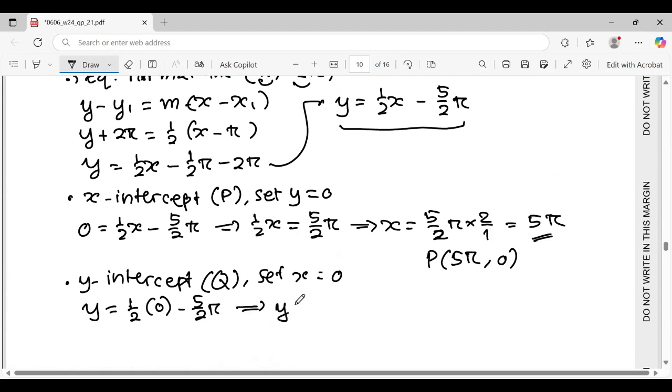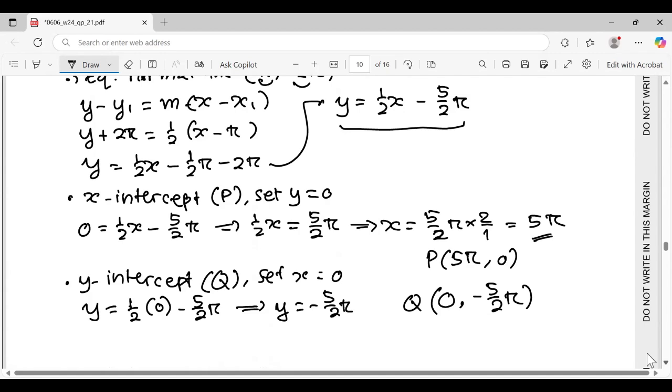So it means y equals minus 5/2 pi. But distance is never negative, but later we are going to calculate. So I would like to write the coordinate point Q is x comma y, 0 comma minus 5/2 pi.